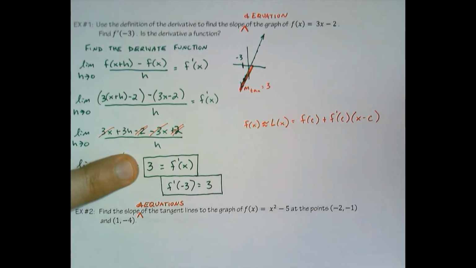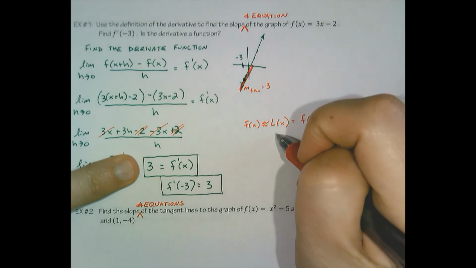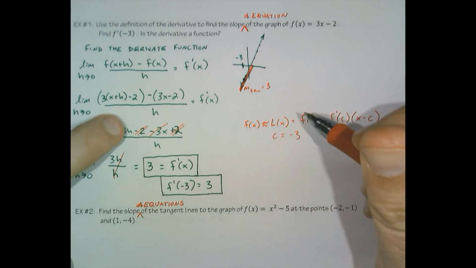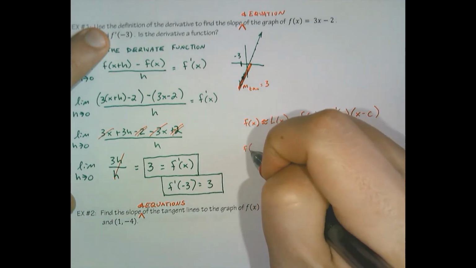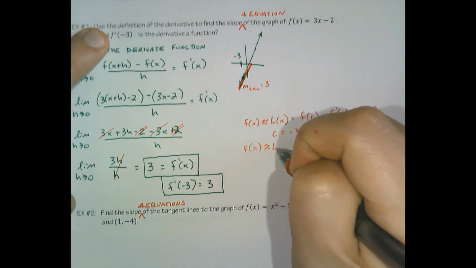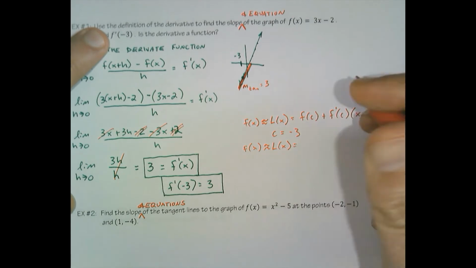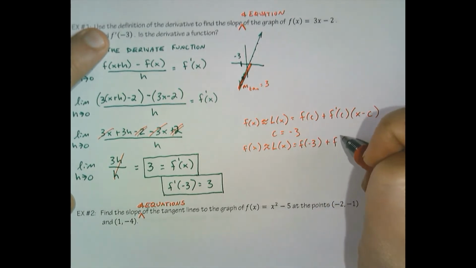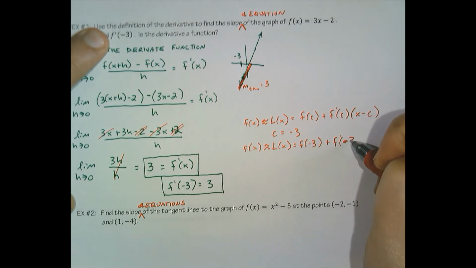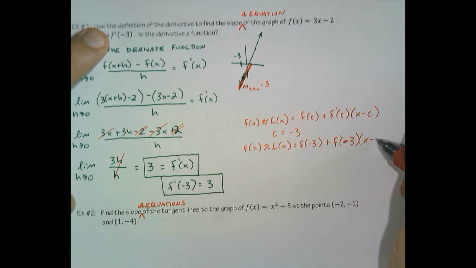In this case, we're centering it at -3. So we'd be writing the expression f of -3 plus f prime of -3 times x minus -3.